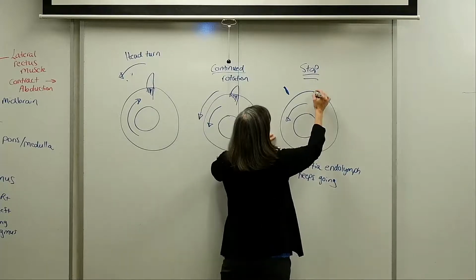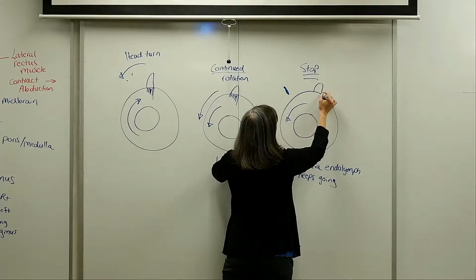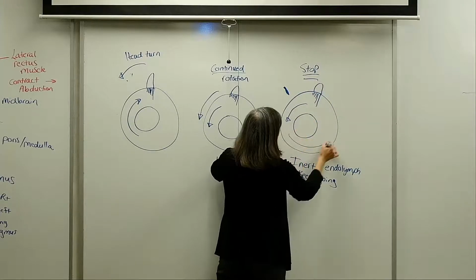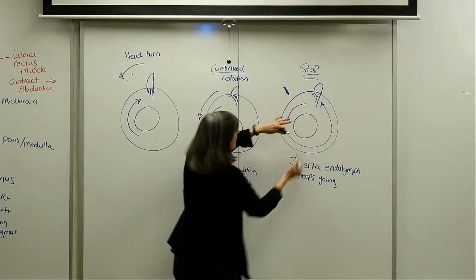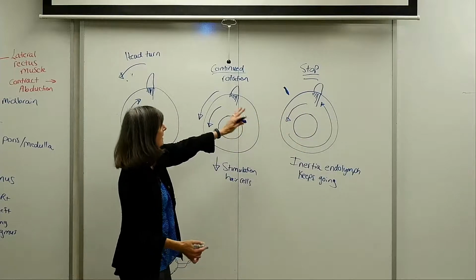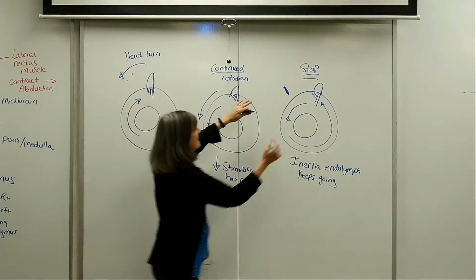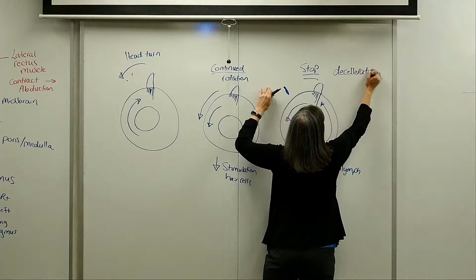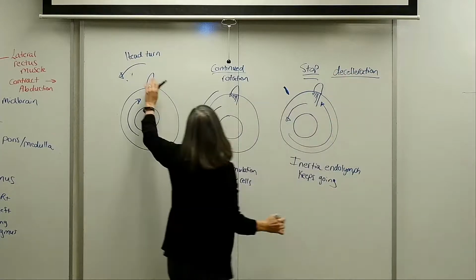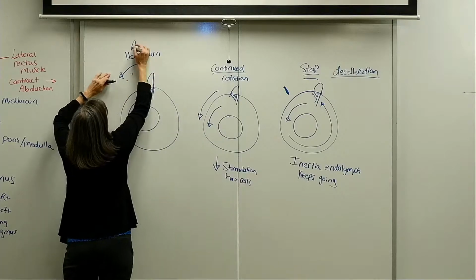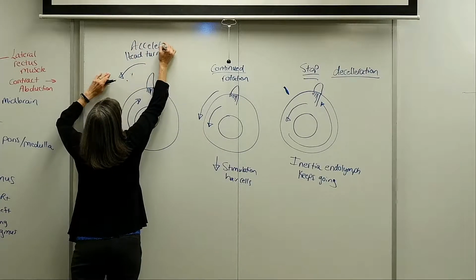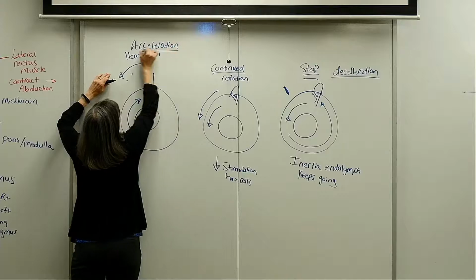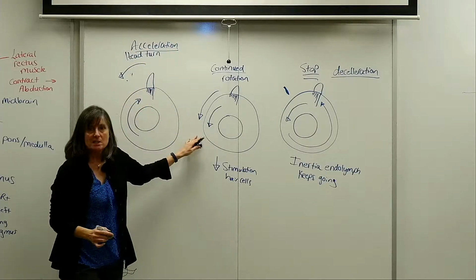And so that's going to come around and affect the hair cells the opposite way. So now it's going to push that hair bundle towards the shortest one. So this is a deceleration, and this is an acceleration. And in the middle, we don't get as much stimulation.